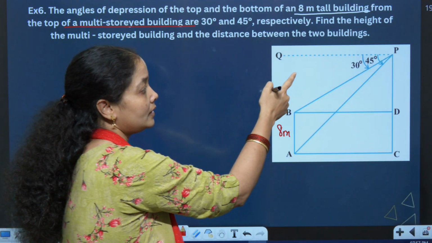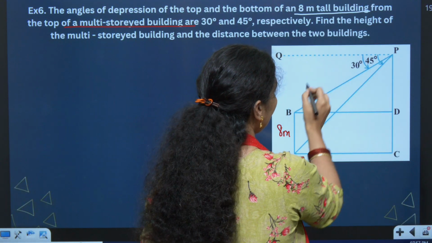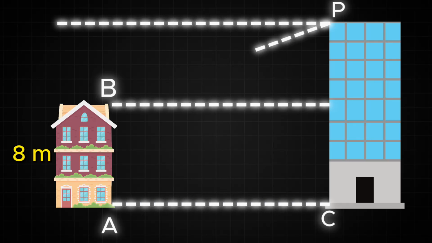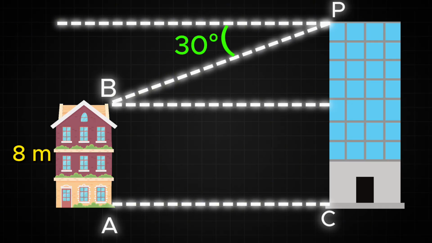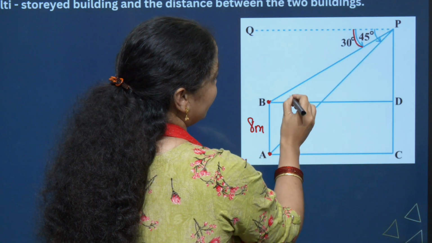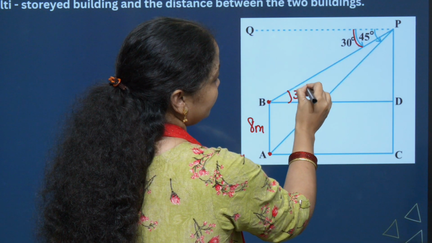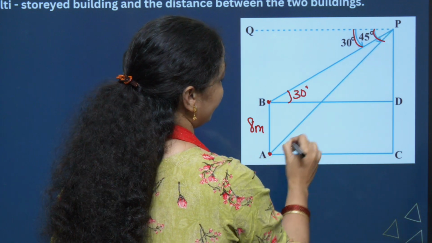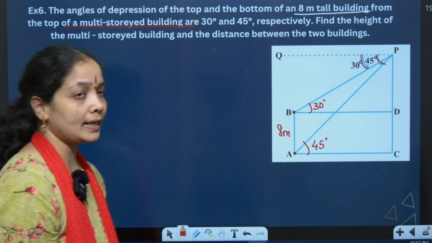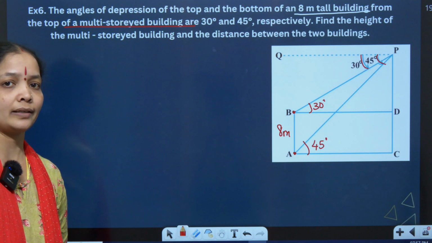In this question, the depression angle is happening one to the top of this building and to the bottom of the building. To the top, the depression is 30 degrees. To the bottom, it is 45 degrees. So if this angle is 30, this will also be 30 degrees. If this angle is 45 degrees, this angle will also be 45 degrees because alternate interior angles are equal between the set of parallel lines.